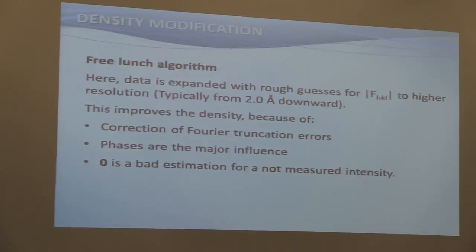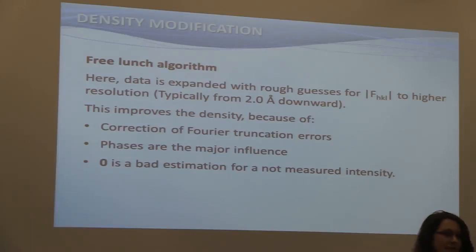The free lunch algorithm is a very strange thing. Imagine you have measured an incomplete data set. You take the reflections you did not measure, the ones that are missing, and you put for their intensity numbers that are just somewhat plausible, but generally just guessed.